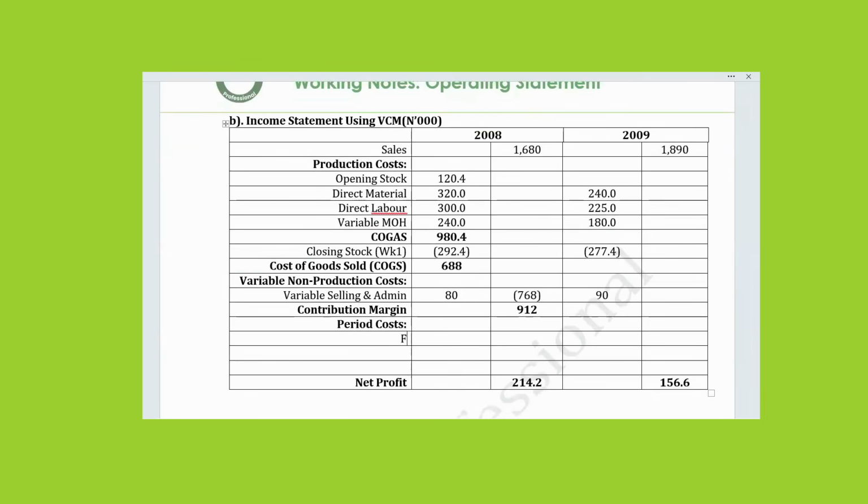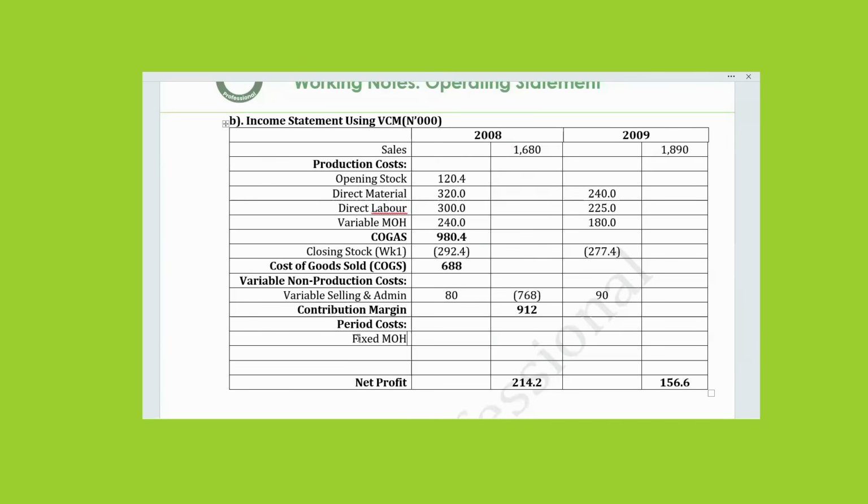According to the question, one of the period costs is fixed manufacturing overhead. And I told you that the fixed production overhead will remain constant. Why? Because it is based on the budgeted output. It's not based on actual production.